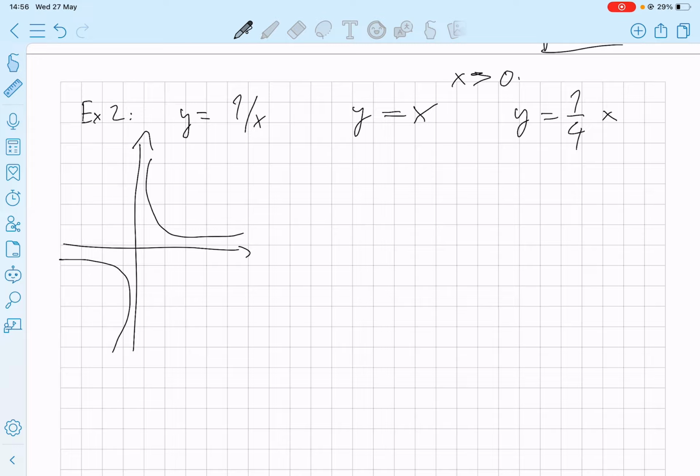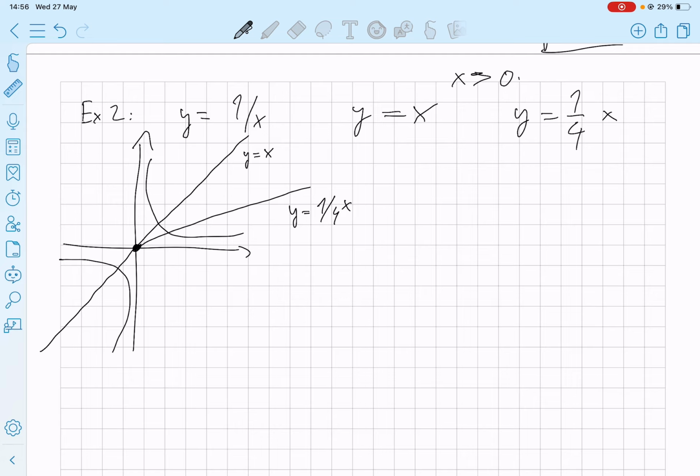Then y equal to x is just a line through the origin like this, and 1/4 x is less steep, so it will look something like this. So this is 1/4 x, and this is y equal to x.